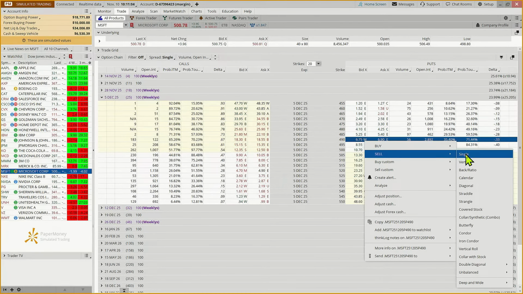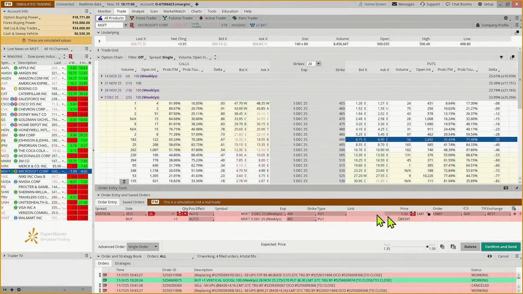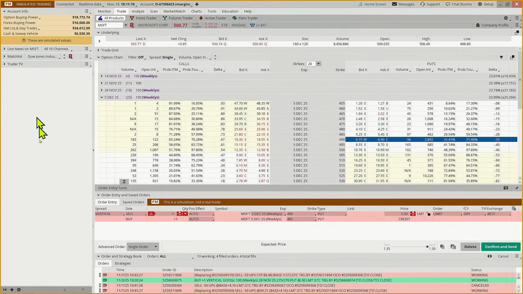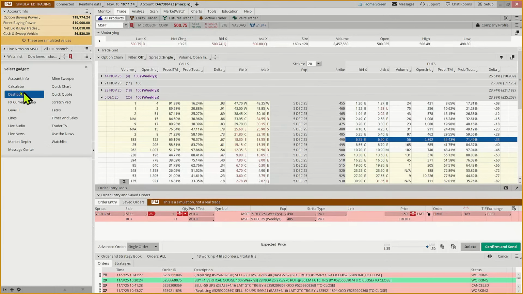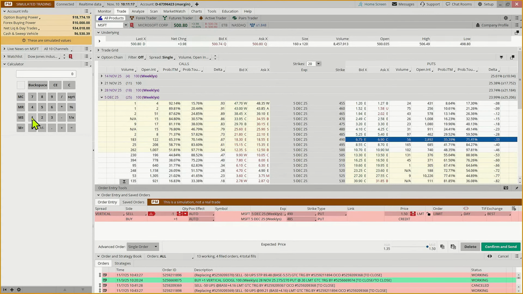So now, can we make enough money on this for it to be worth their while? Well, if we get paid $1.50, we go to our calculator: the most I can make is $150, so what am I risking?